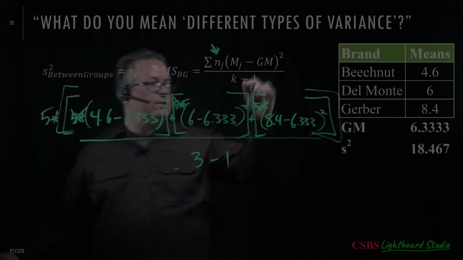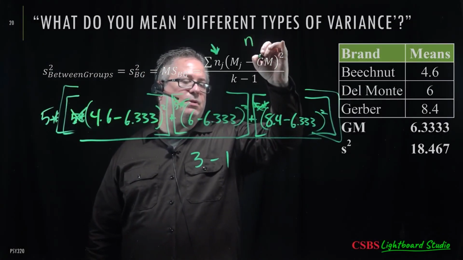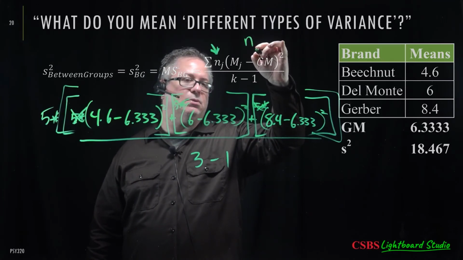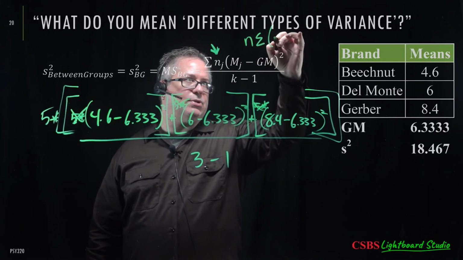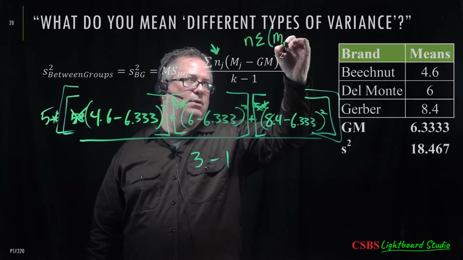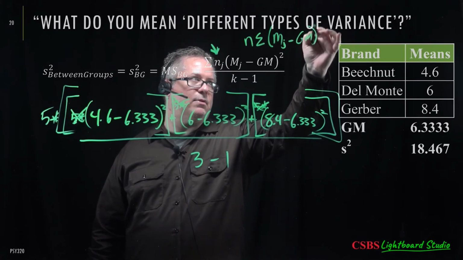It just, in the sense of changing to n, no subscript, because now we're assuming all the n's are equal, times the sum of each mean j minus the grand mean squared, right?